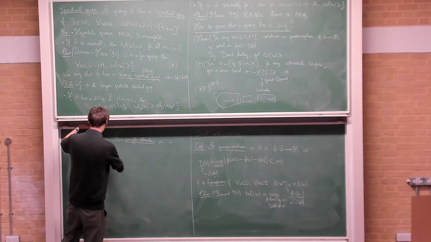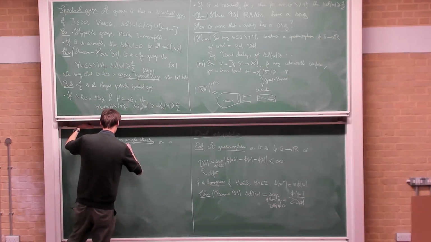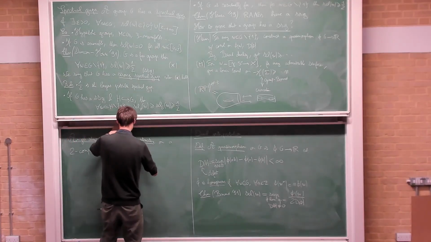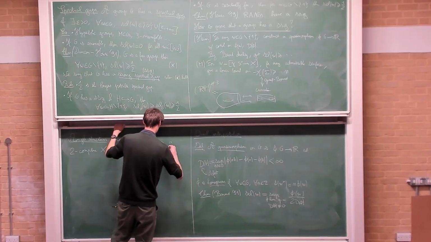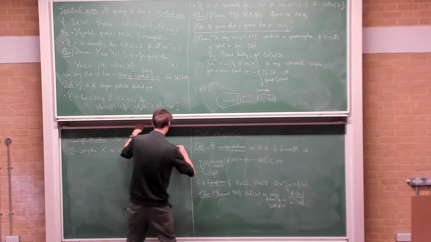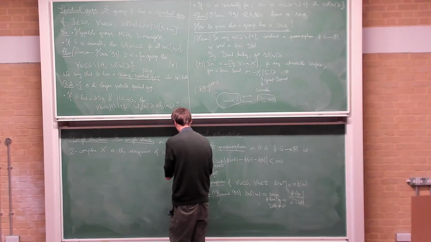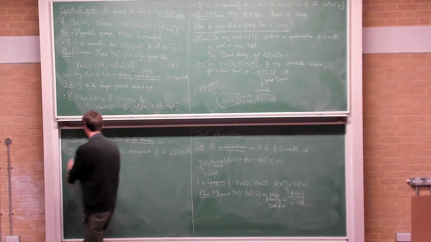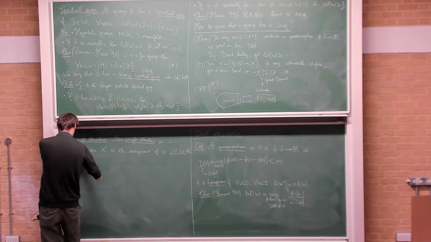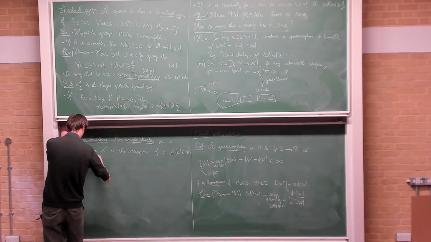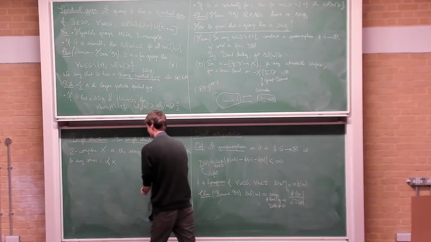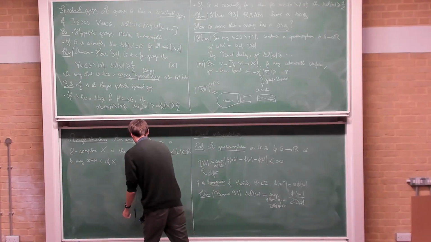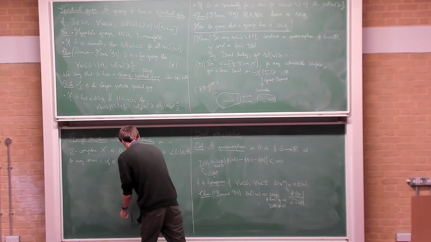An angle structure on a two-complex X is the assignment of a real number, that I denote angle of C, to every corner C of X. And by corner, I mean, so again, X is just a graph, the one skeleton.